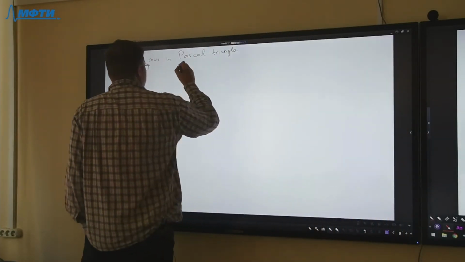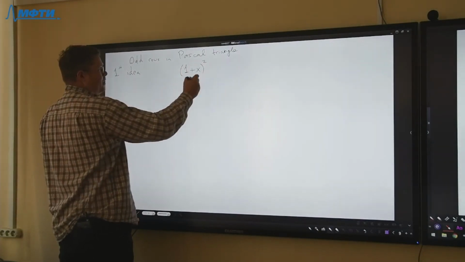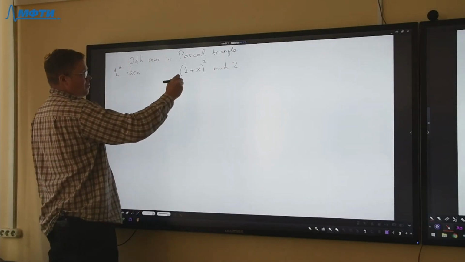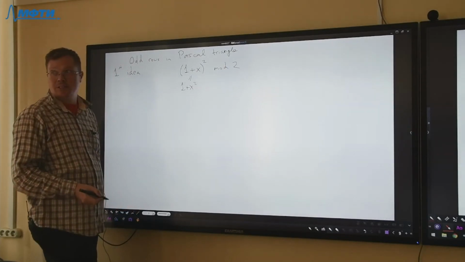So for example, if you take (1 + x)², modulo 2 it's the same as 1 + x², because 2x is 0.